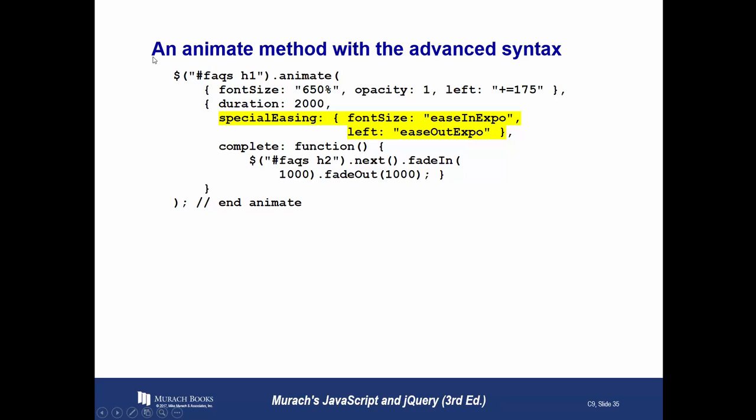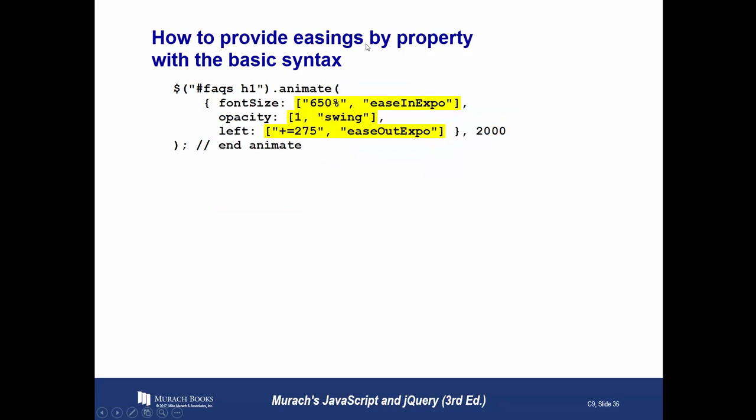This first example shows how to work with duration, special easing, and complete. I'm not going to go through it. It's fairly complex. The special easing option of the animate method lets you specify easings by property, and that's what's shown here. But you can also do it with a basic syntax as is shown right here.